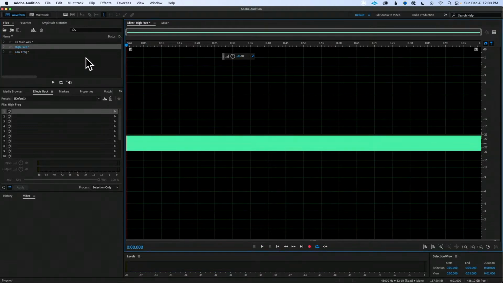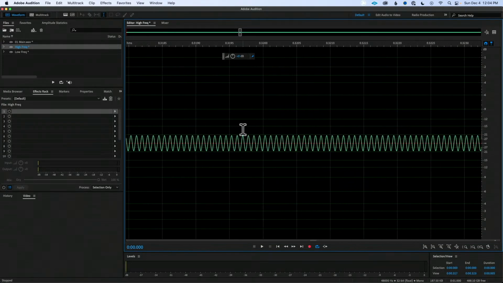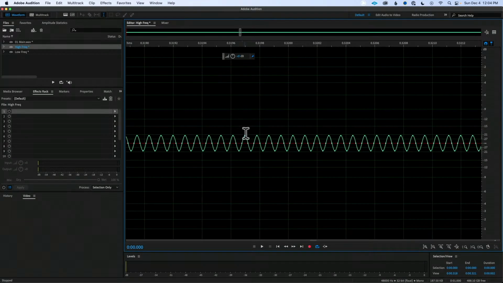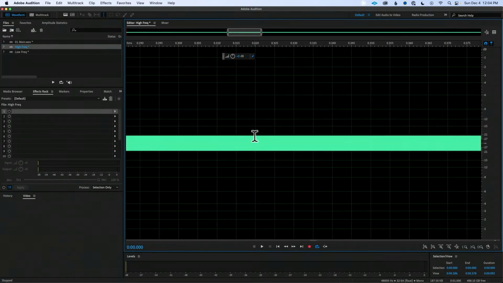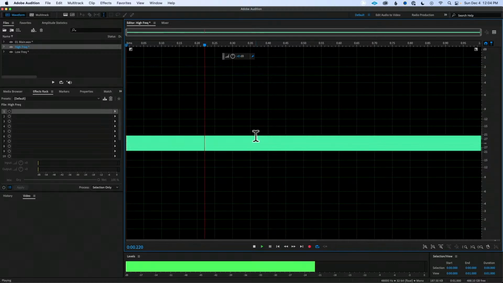If we have a higher frequency sound, now Danny asked me to warn everybody, this can be a pretty grating sound that I'm going to play next, so be prepared on your volume or your headphones or speakers. This is a 12 kilohertz tone. It looks like just a block if you look at it here, but if we zoom way in, you can see, in fact, it is a waveform. This is going up and down 12,000 times per second, and it sounds like this.